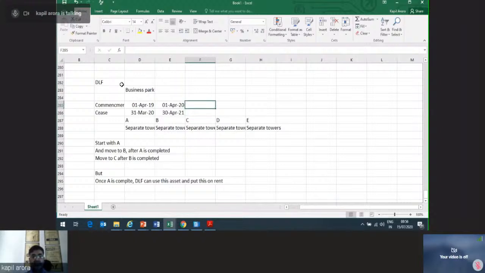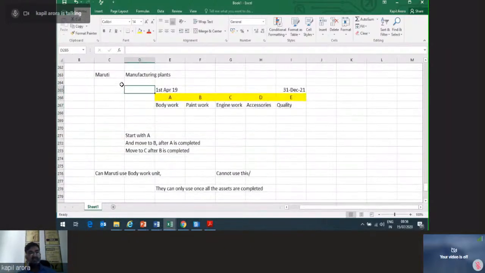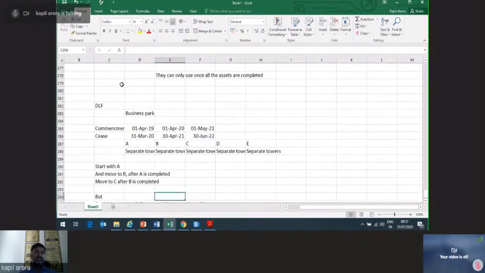This was started from 31st May 21 and completed on 30th June 22. So on. So the commencement date and cessation date in these cases for each and every unit would be different. Whereas in the Maruti case it was this, and in this case for all the units it would be different.